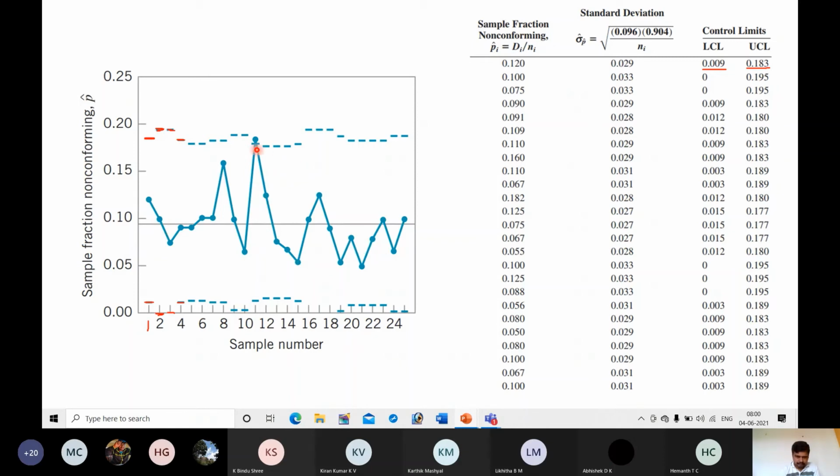Now we can see, for sample number 11, we have 1 point out of control limits.